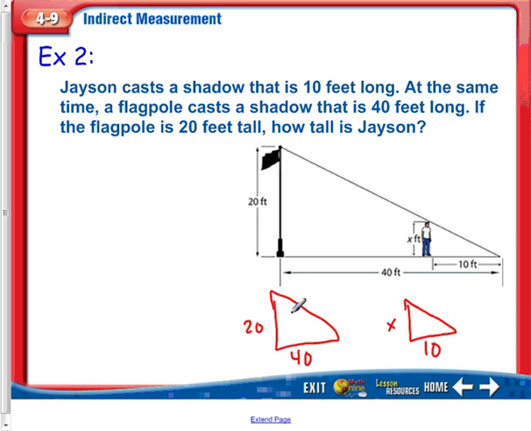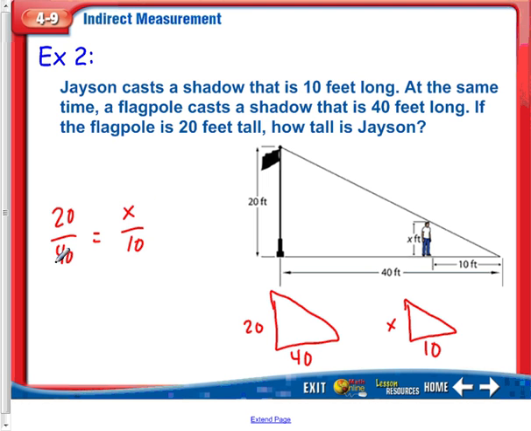So let's get these into a proportion so that way we can solve it. I'm going to go ahead, because these numbers look pretty nice to work with, I'm going to leave 20 over 40. So I'm going to put 20 over 40, and that's equal to x over 10. Notice since I put 20 on the top and 20 corresponds to x, x has to be on top. Again, I noticed I'm going to have to go from here to here.